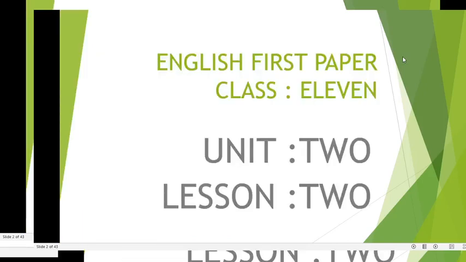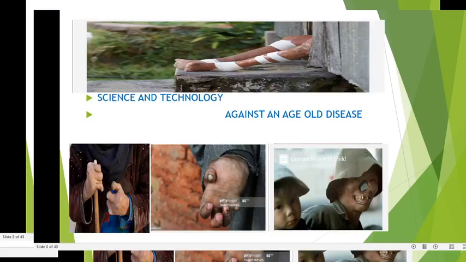Today, I will discuss a topic from your English first paper book, Unit 2, Lesson 2. The name of this topic is Science and Technology Against an Age-Old Disease. Here I put a few pictures. Look at this. All look too much dangerous and horrible.